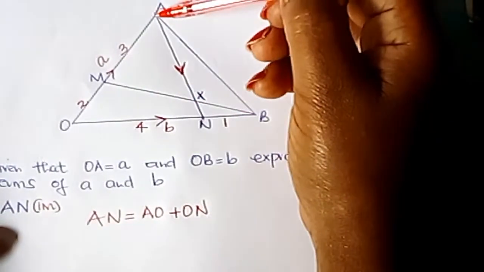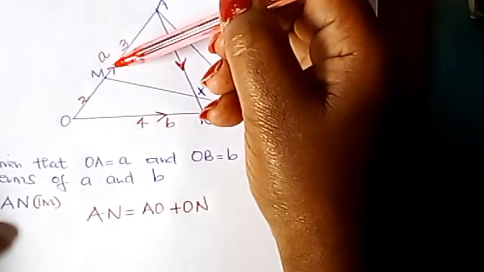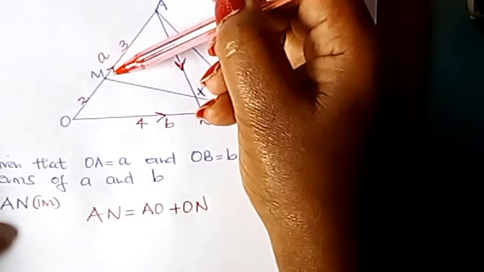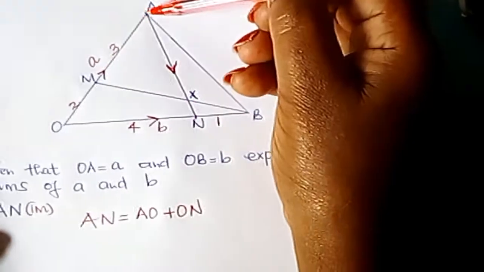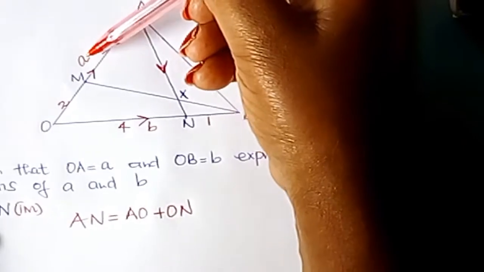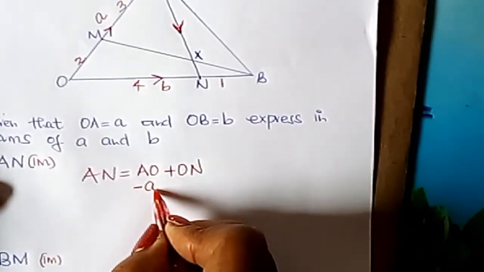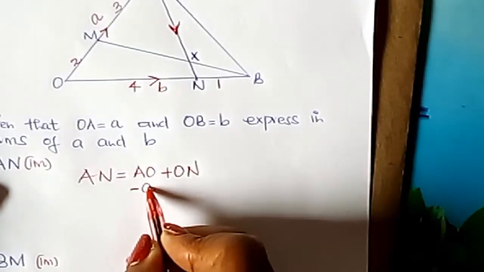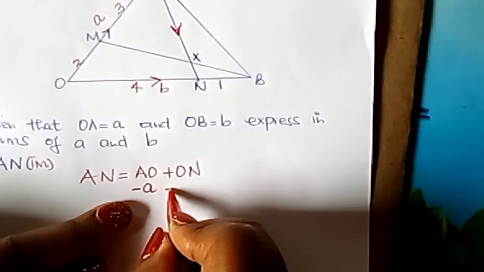So look at AO, this vector AO, learner, is going against the arrow of OA, which is a. And therefore, if it goes against, remember we normally write a negative. We fix a negative there. So negative a plus what?